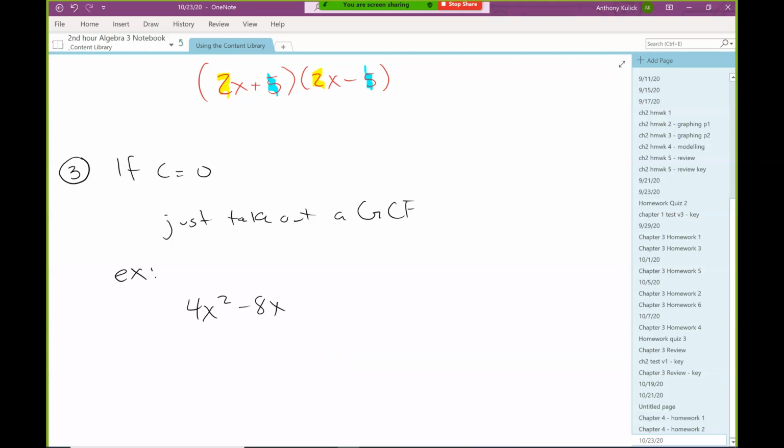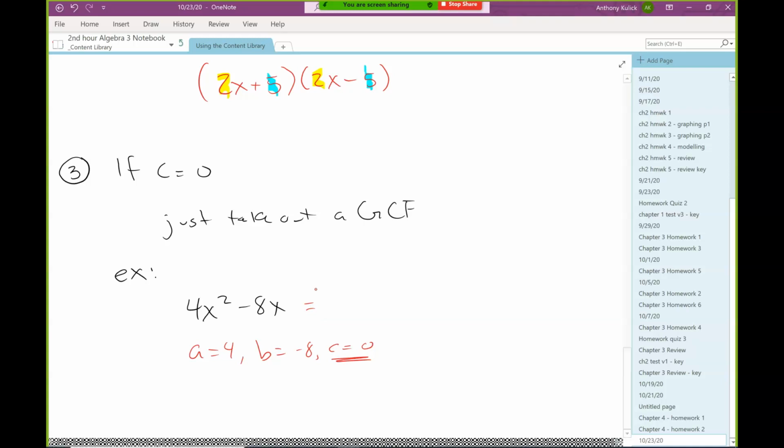So, for example, if I have 4x squared minus 8x, here A is 4, B is negative 8, and C is 0. Since C is 0, all I need to do is look for a greatest common factor. So what divides both 4x squared and negative 8x?